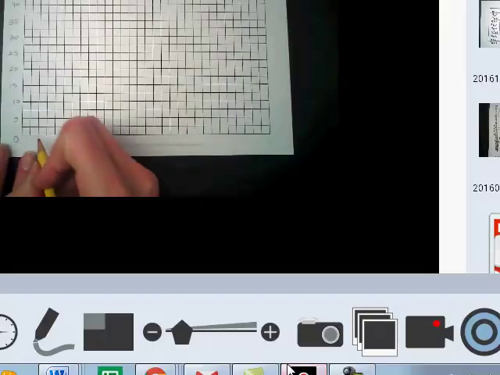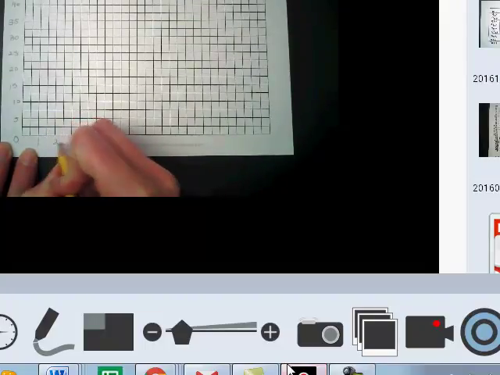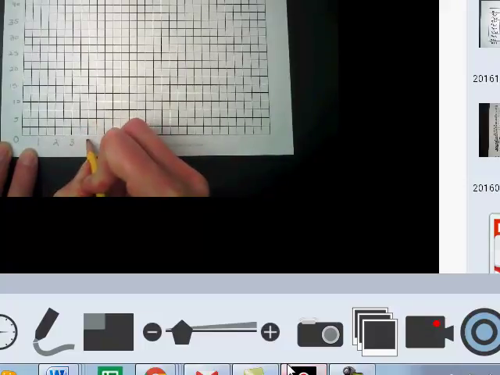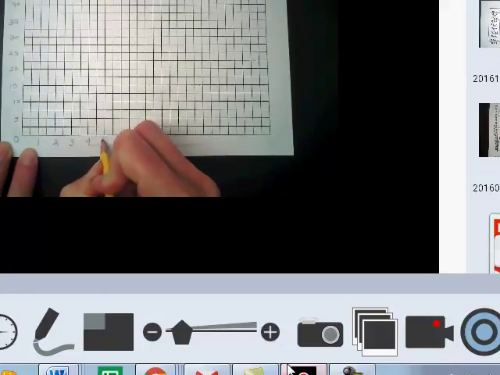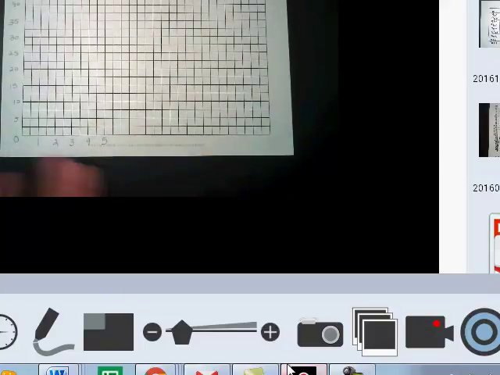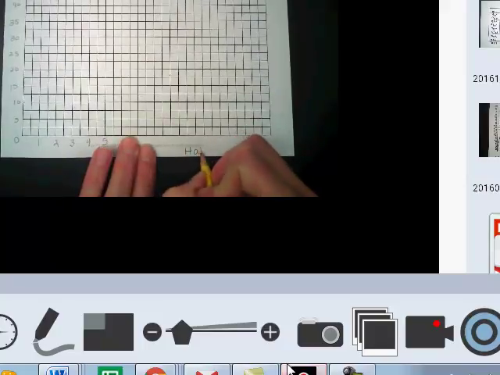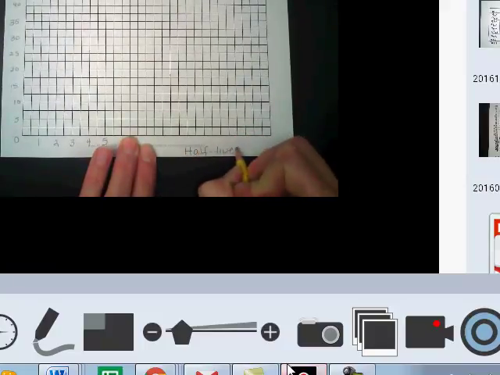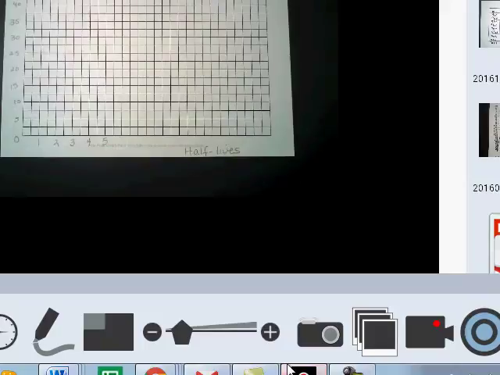So I'm going to write down at the bottom 1, 2, 3, 4, 5 half-lives. And I'm going to label my x-axis.